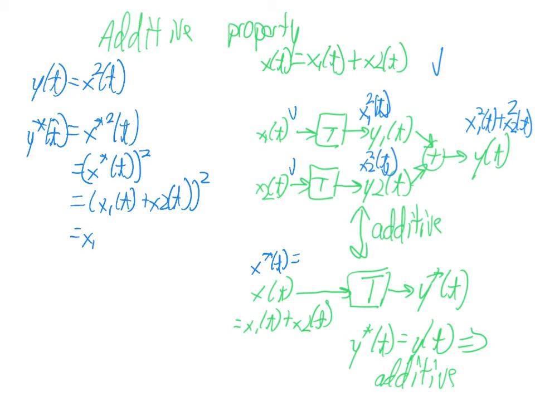So we have x1 of t quantity squared. I have the cross terms: I have x1 times x2 and x2 times x1. Multiplying two functions is commutative, so I get 2 times x1 of t times x2 of t. And finally, I have the last term, x2 of t quantity squared.